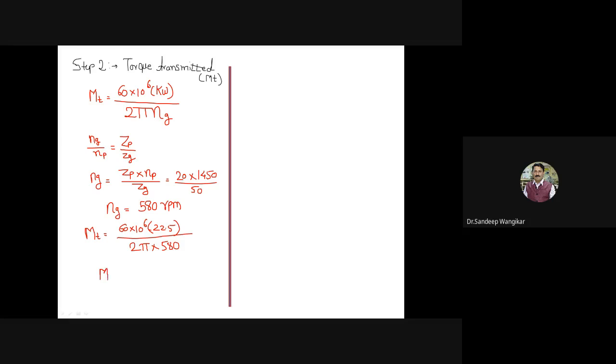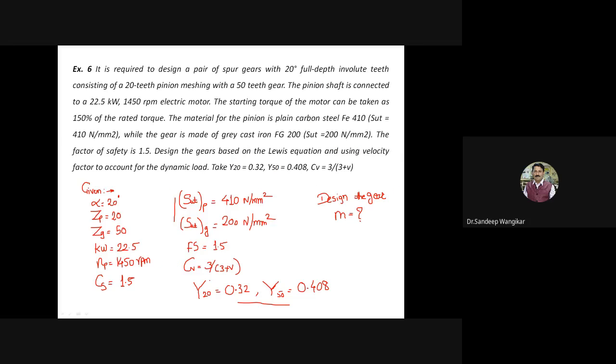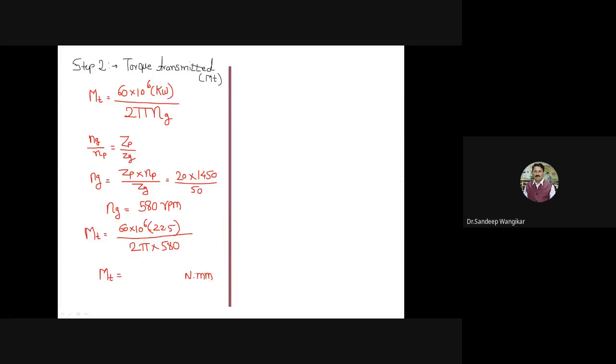If you substitute, you will get the value of MT in Newton millimeter. So proceed and calculate the value by substituting all these values. NG was not with us; we have calculated NG by using the velocity ratio. If you substitute all the values, you will get the value of torque transmitted, MT, in Newton millimeter.